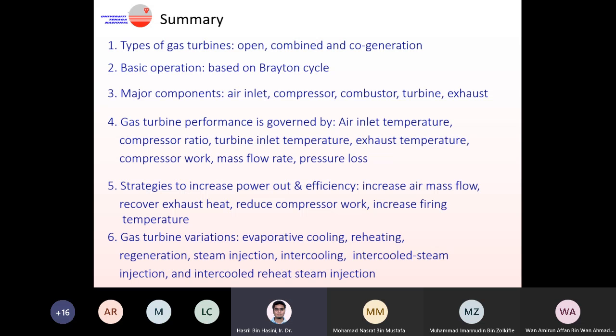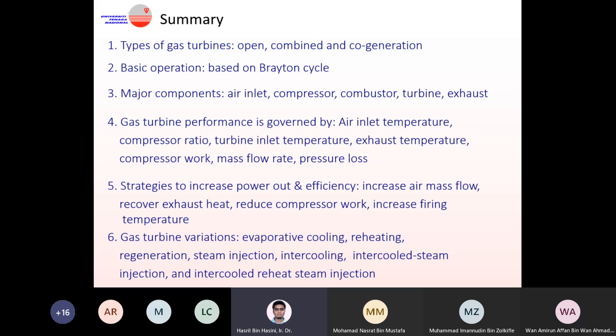You have reheating. Reheating means a second combustor. Regeneration, right? You are actually heating up air that goes into the combustor. Steam injection, STIG, means that you are injecting steam into our combustor, before or after the combustor, just to promote more airflow into our system.